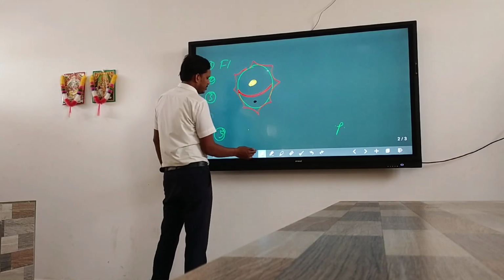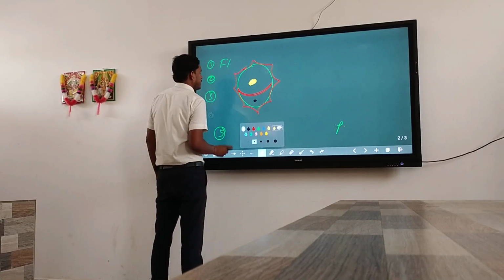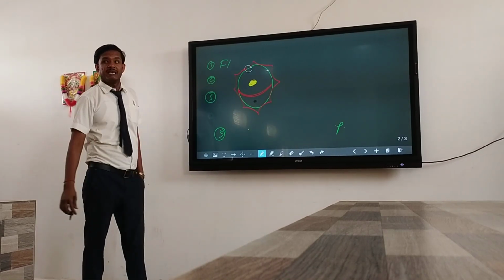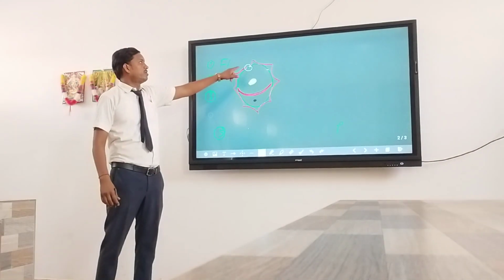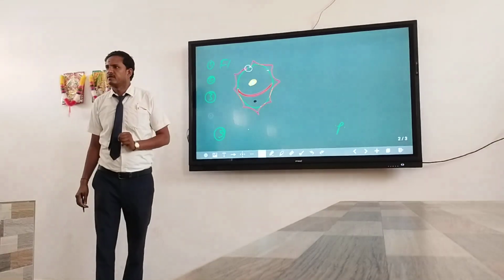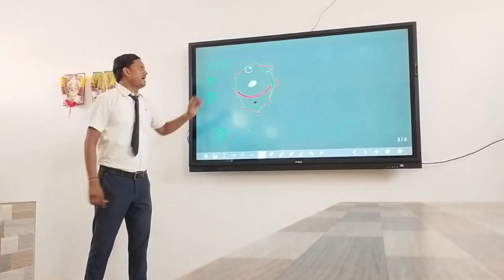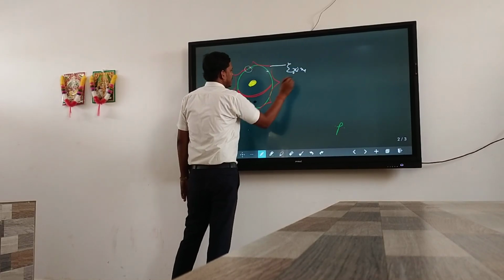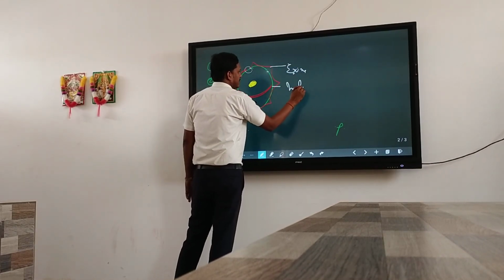What you need to consider here is this region, where you can see that the outer layer is not covering that particular region. Exine and intine: this outer one is your exine and the inner one is your intine.